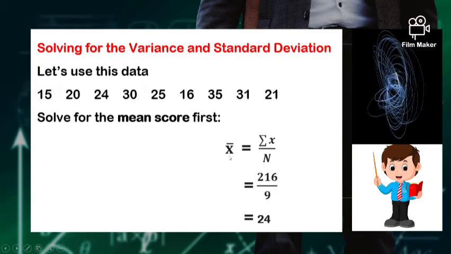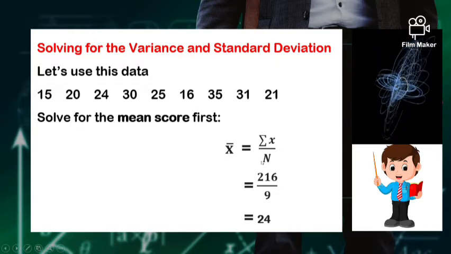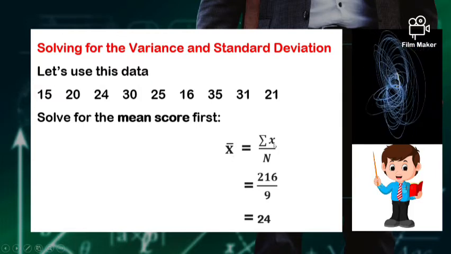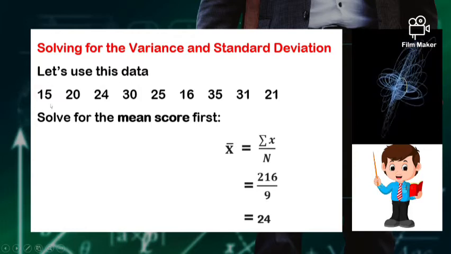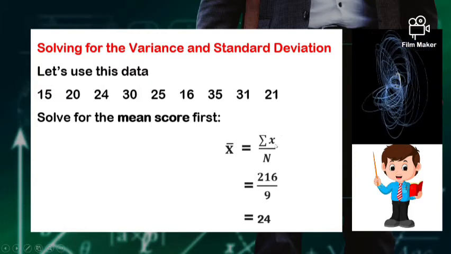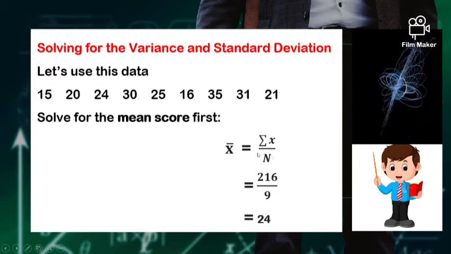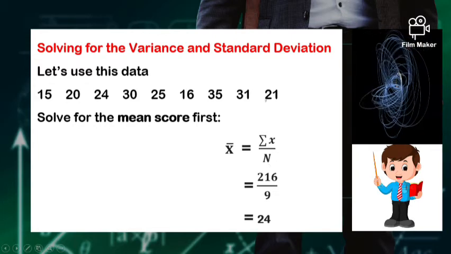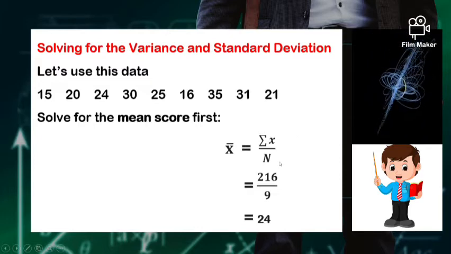This is our formula for the mean score: x bar is equal to the sum of x, where x refers to each of the scores, meaning all the scores you are to sum up, and then divide by n, the number of scores or observations.